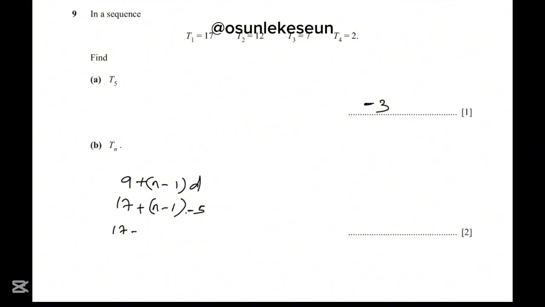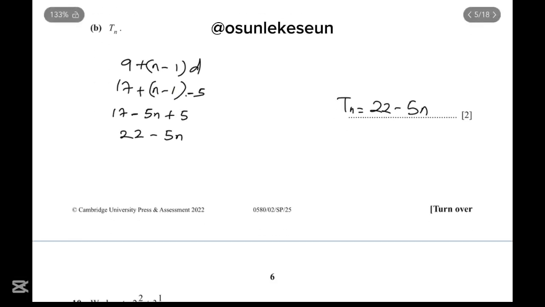So we're going to have minus 5n plus 5, which is going to give us 22 minus 5n. So the answer for Tn is 22 minus 5n.